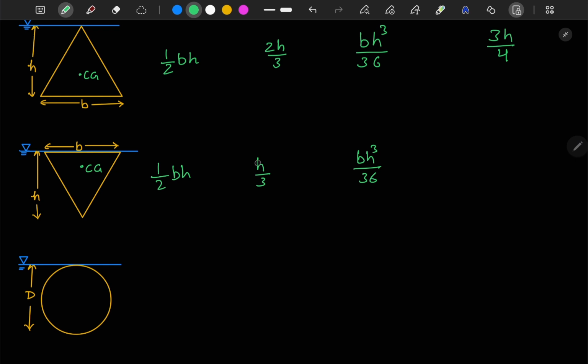But what will vary is your center of pressure depth, and the center of pressure will be at h by 2.